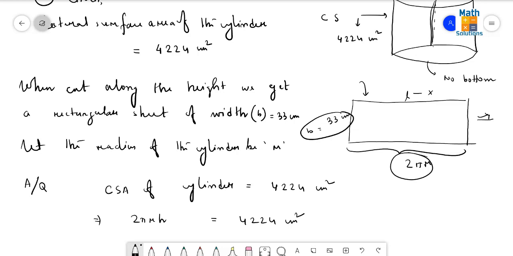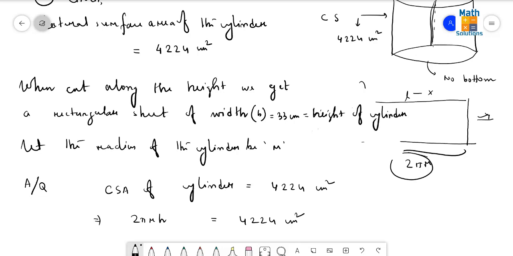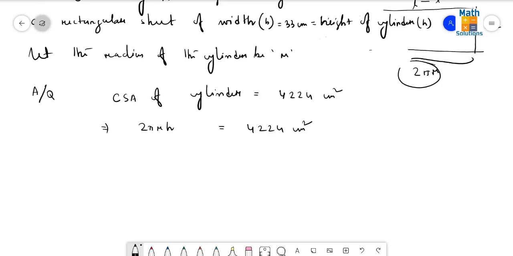So in place of h we can write 33, the height of the cylinder. So 2 pi r into 33 is equal to 4224.